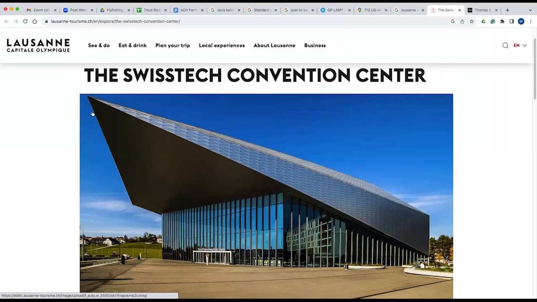The profile at this portion of it is so thin. That's in order to make a covered entry plaza to this convention center for the university where the Rolex Center is at. And this is also the building that kind of receives you if you come in the train to the EPFL.